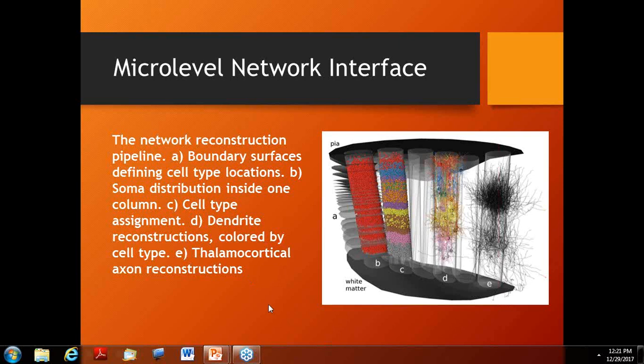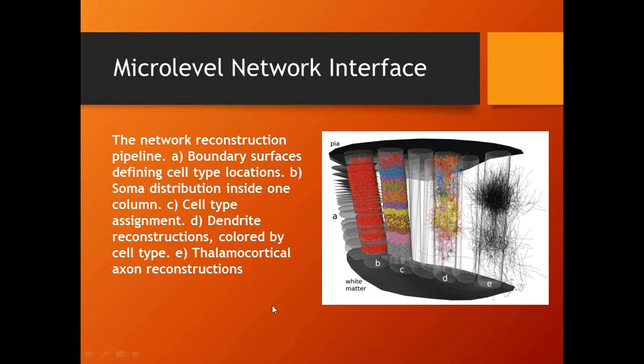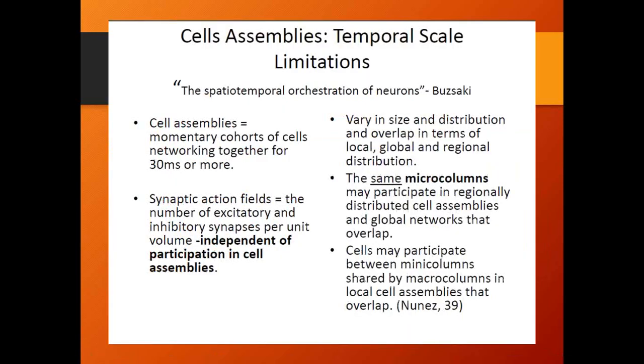And so that level of connectivity is confounding, because we can only look at one level with EEG for the most part, and that's the meso and the macro, and mostly the macro because it's not very specific.